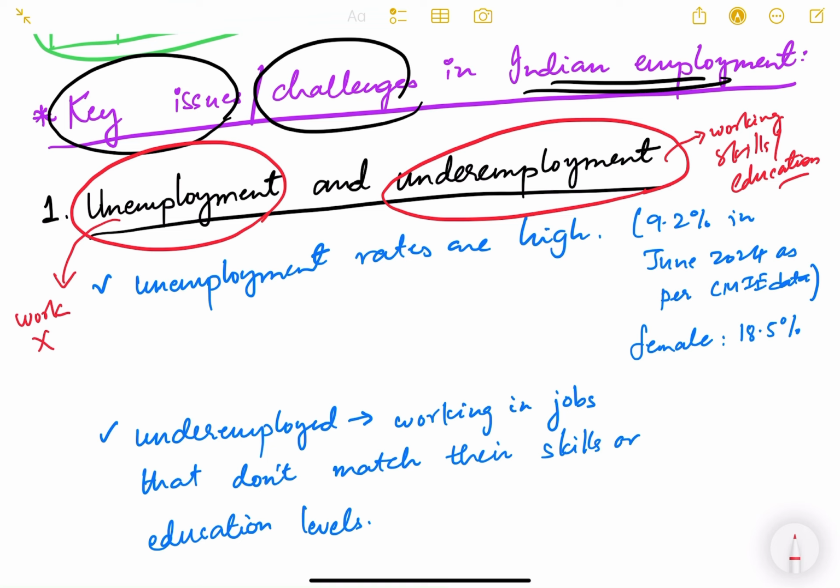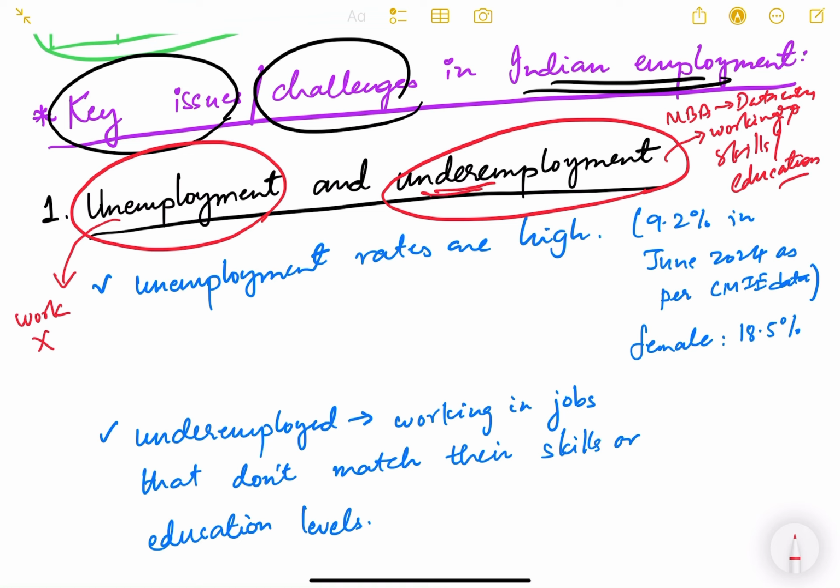For example, an MBA graduate working as a data entry operator, or an engineer working as a mechanic in a factory. So it is underemployment. Naturally, if you are employed in a job below your education level or skills, you will get less pay than you should get. That's why it is called underemployment.